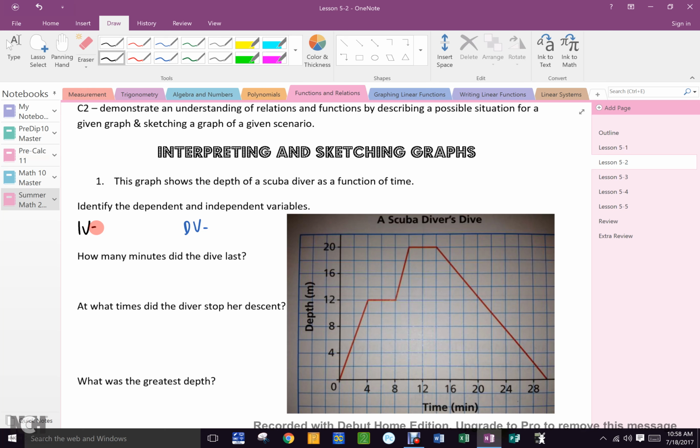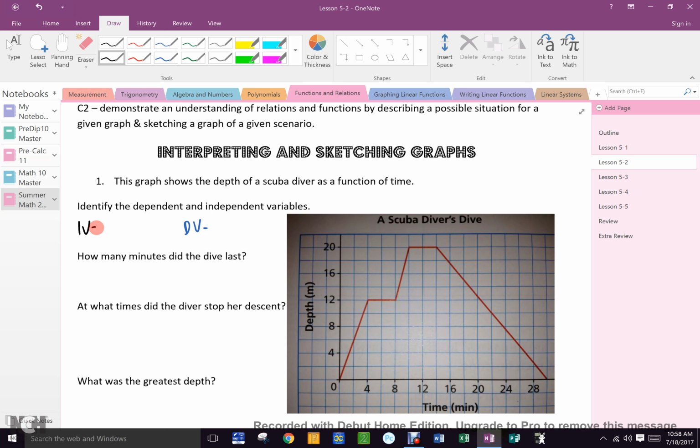All right. Who would like to tell me what they think the independent variable is? The time. Why do you think that? You're on the right track.